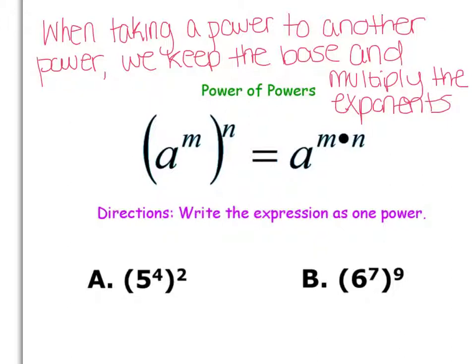So this is our power of a power, and this is our rule. A to the m to the nth power equals a to the m times n power.